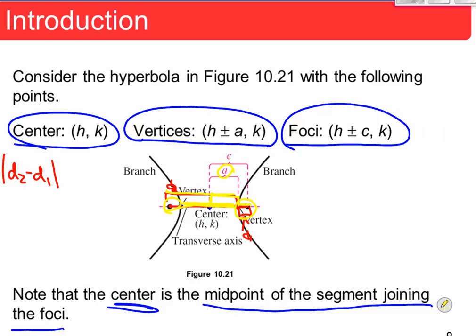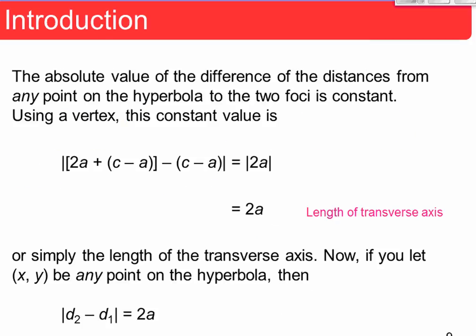That D2 minus D1 in absolute value is equal to 2 times A. The book authors are showing that in a slightly different way, taking this minus this all minus that, and that's 2a.